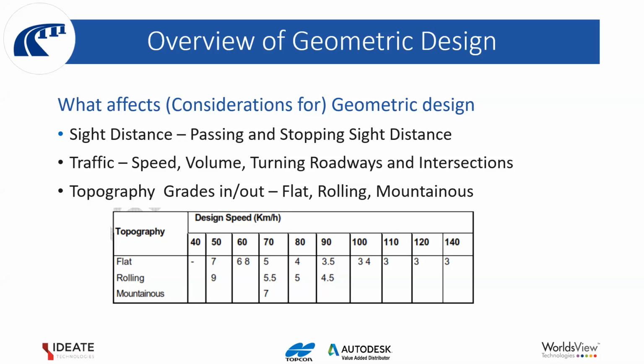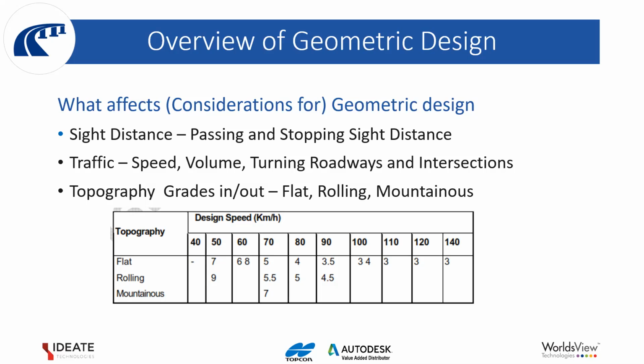Also, traffic volumes in terms of the capacity that the road can carry, the speed, the turning radius, and the intersections that you have. And most important is also the topography on which you design, where I find that the topography may vary from flat and rolling to mountainous terrain.